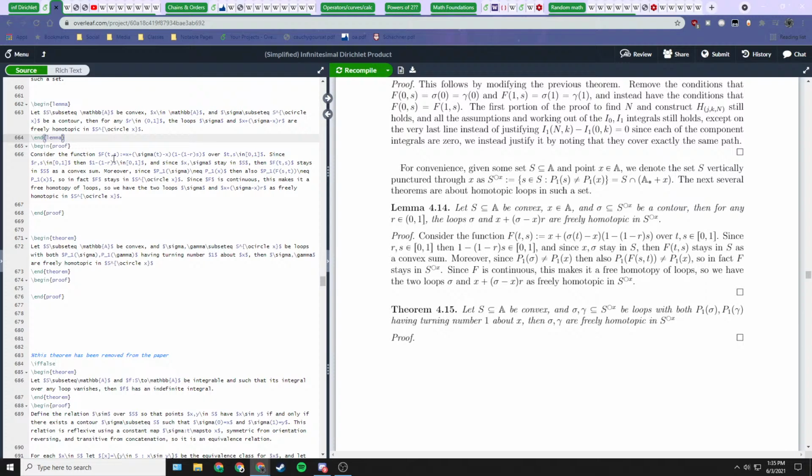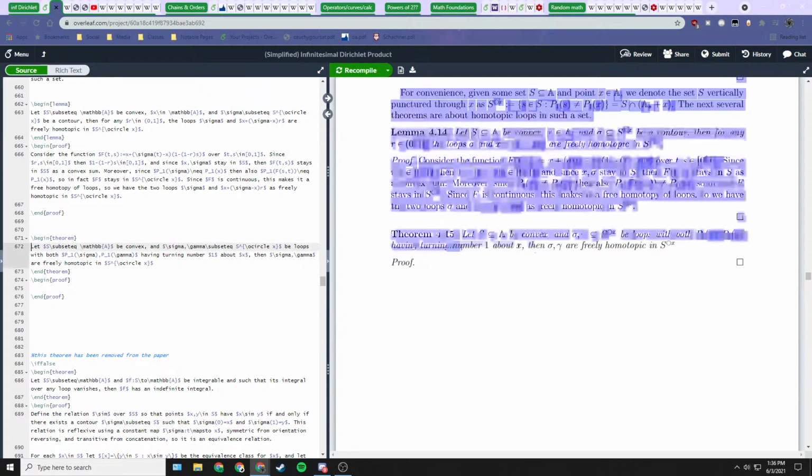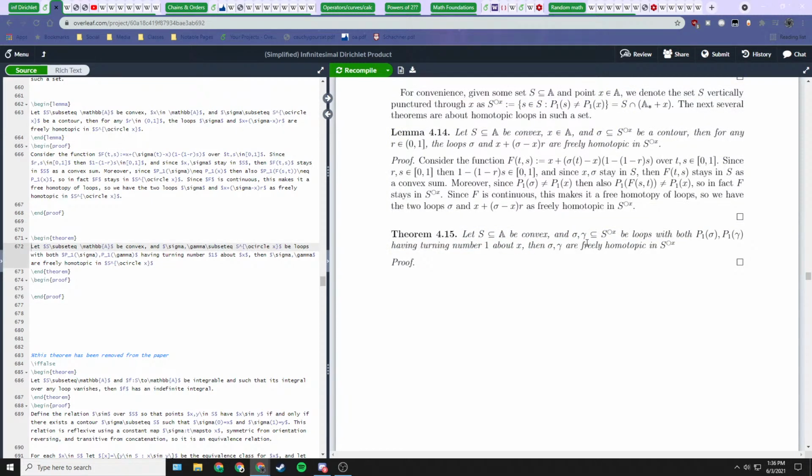We've already done this lemma for these, for this contraction. So we want to try to do this full proof: we have two loops, their projection has turning number 1, and we want to prove that they're homotopic in this punctured neighborhood.